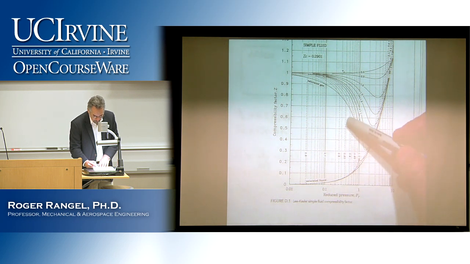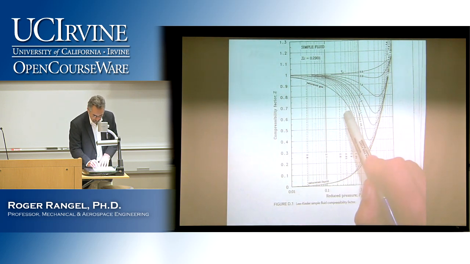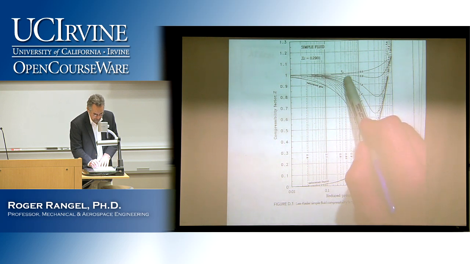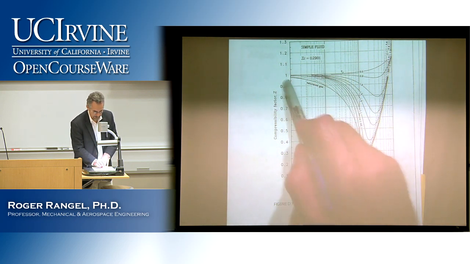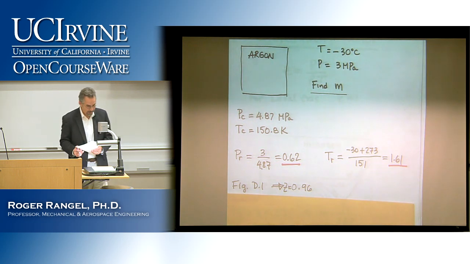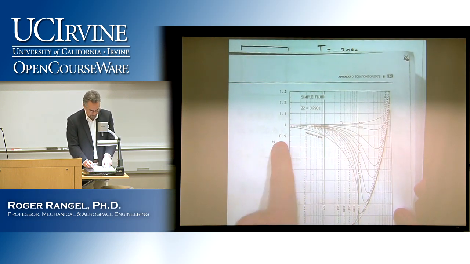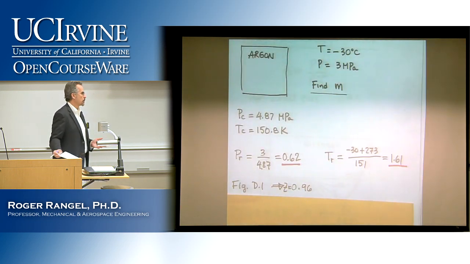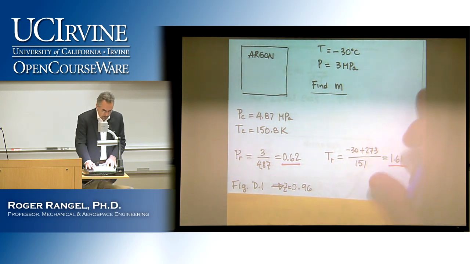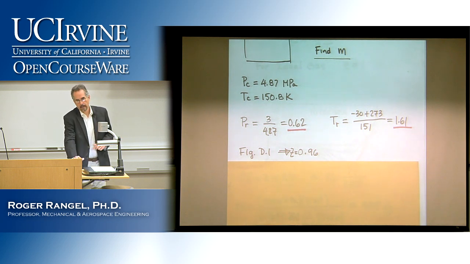And what was the other one? 1.61. Wherever it intersects the 1.61, I'll get a number. So I'll go there and find a number. In this case, it's not bad. It's 0.96, the Z, because I picked values that, as you could see, gave me numbers that are close to 1. So I already know that I wouldn't expect a huge error if I use the ideal gas law.